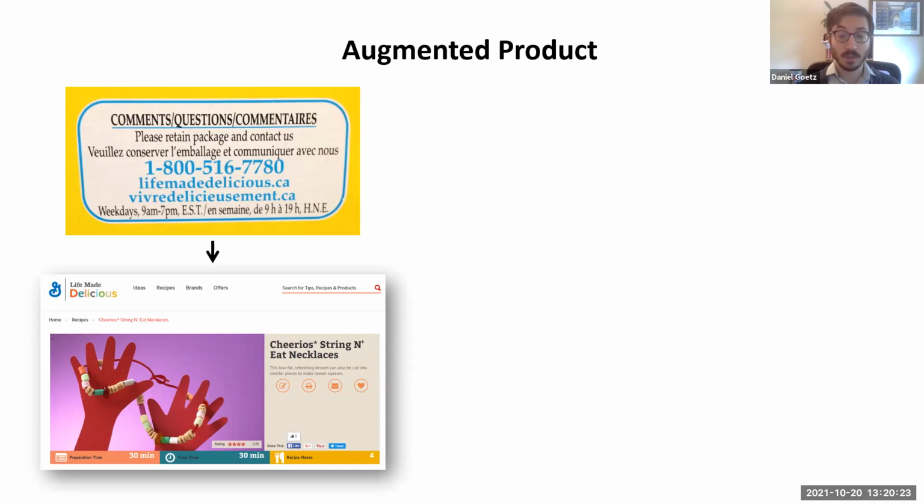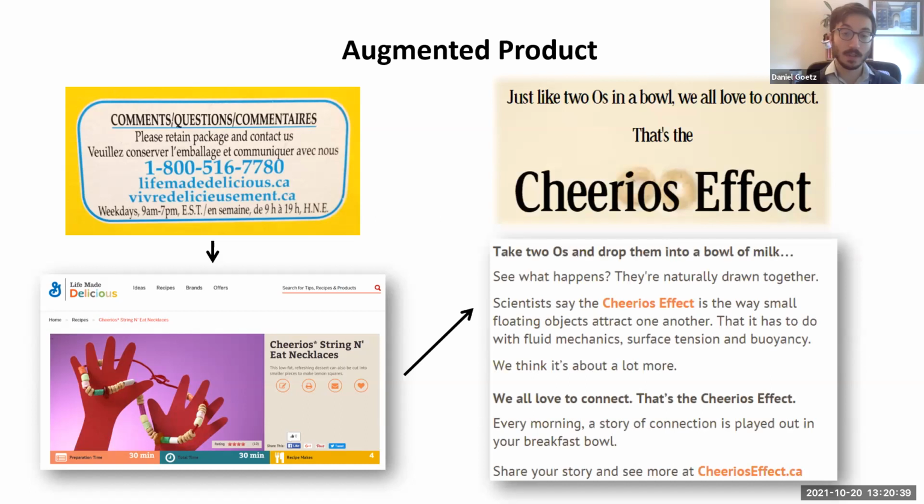The question is, what's the purpose of the augmented product here? Right, we can see that a line that you can call for help might be useful even with Cheerios. But what about all of these extra things on the website, right? So, there's an idea here that Cheerios is creating this extra layer, this augmented product, to create some kind of maybe emotional connection. Here they describe something they call the Cheerios Effect, where two Cheerios in a bowl will naturally float together.